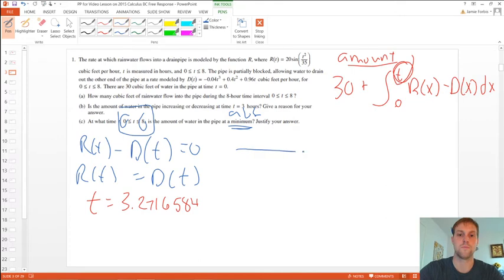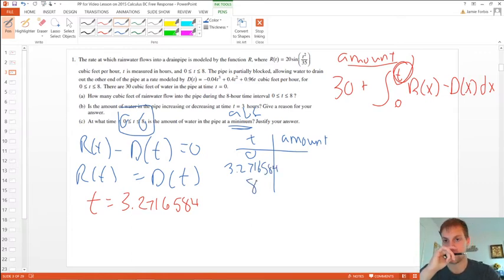And I put it in a little chart. So for time and amount, I plugged in 0, I plugged in 3.2716584, and I also plugged in my 8. Okay. If I plug 0 in, that's my initial amount, 30.